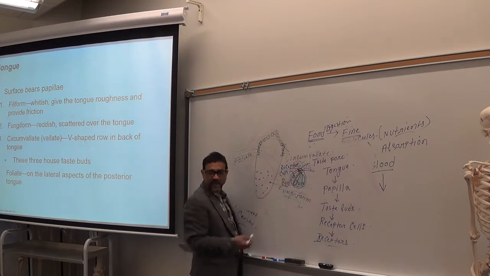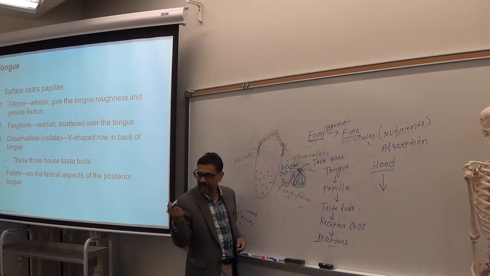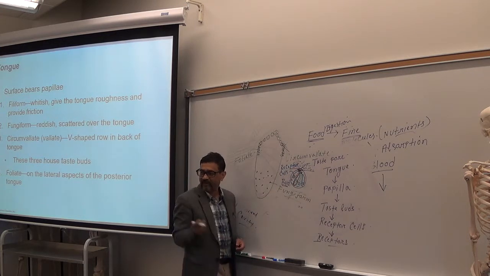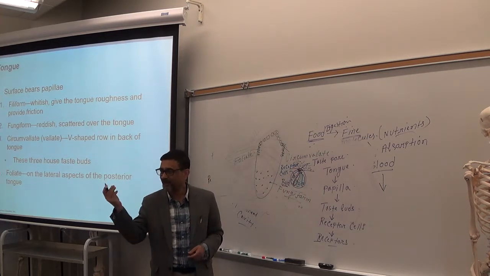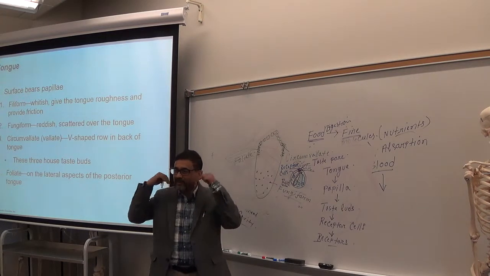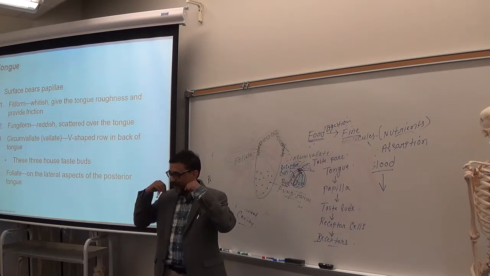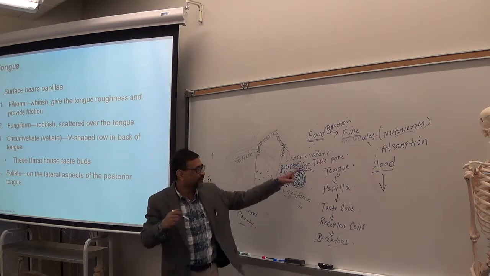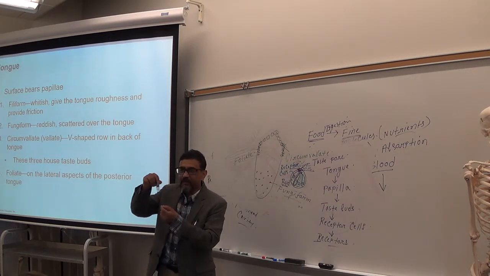When you put food molecules on the tongue, if the food is very dry, it cannot enter into the taste bud because dry food molecules cannot move, right? When salivary secretion occurs, that's why salivary secretion is very important, dry food gets mixed with water, saliva.